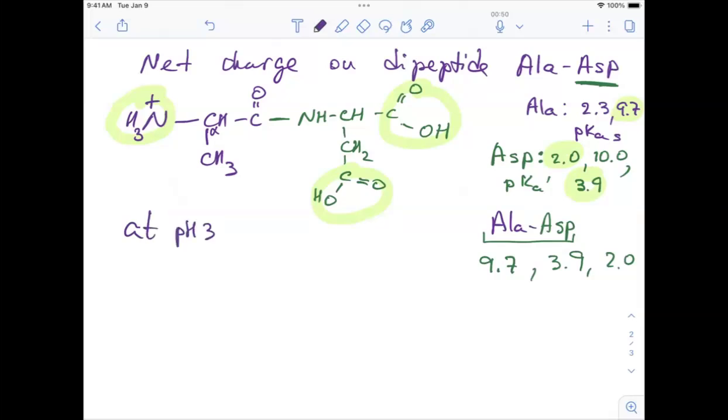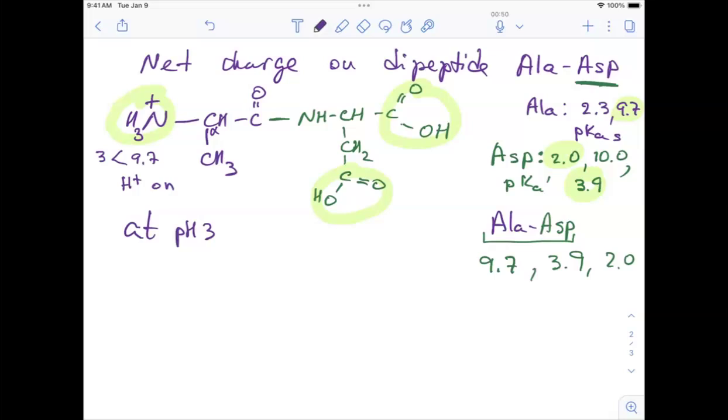So at pH 3, we're going to go around this molecule and compare pH to pKa to figure out if the proton is on or off. Here's my pKa 9.7. At pH 3, pH is lower than pKa, 3 is less than pKa, so the proton H plus is going to be on.